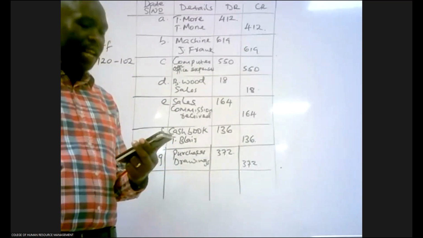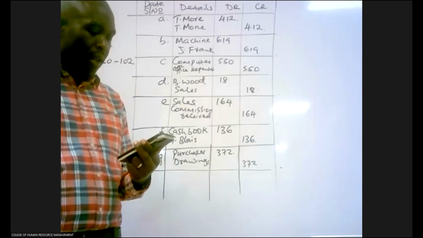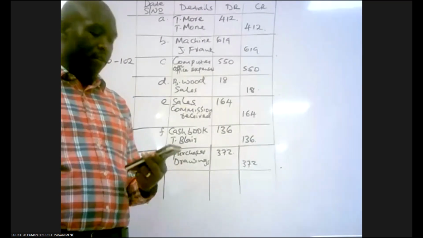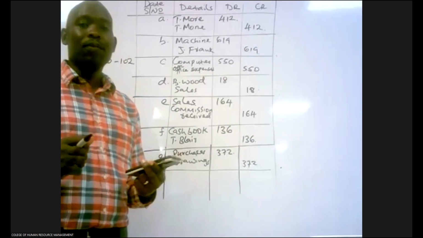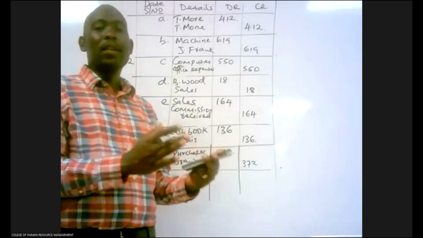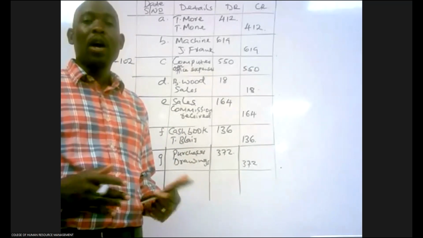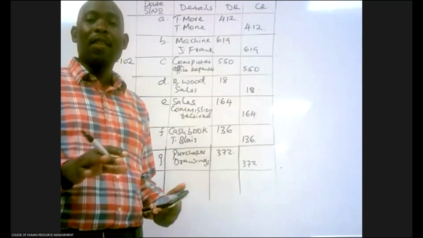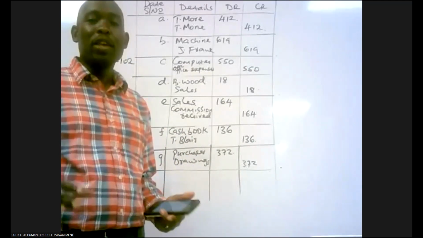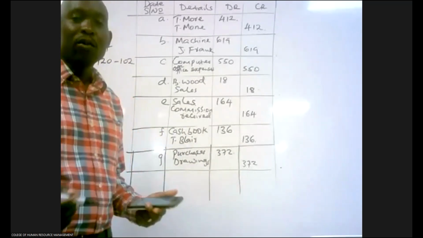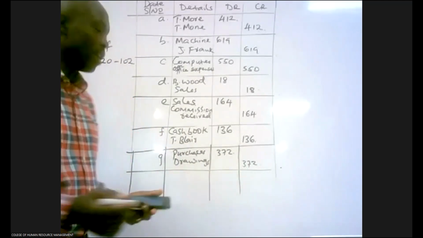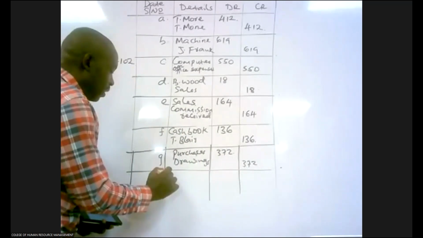It had been entered in error on the debit of discount received. You see now, instead of debiting discount allowed, we have debited discount received. Those two are different. Discount received is another account completely. So here, discount allowed, we have agreed it was supposed to be debited. So we should debit it.